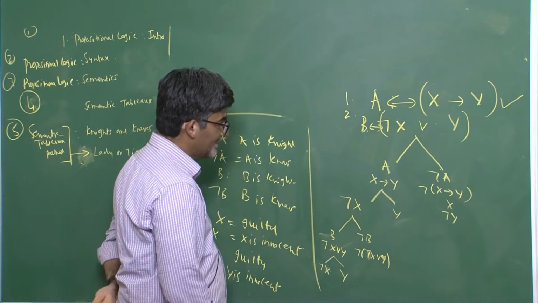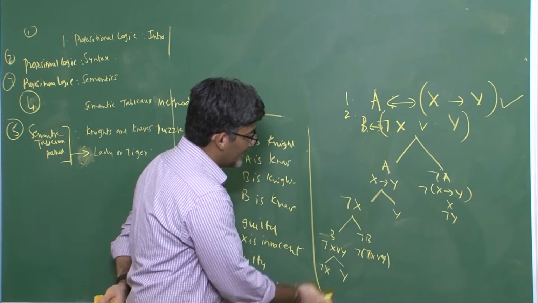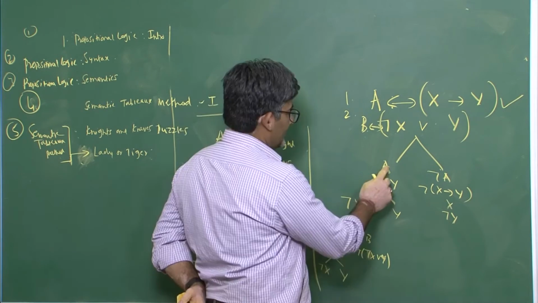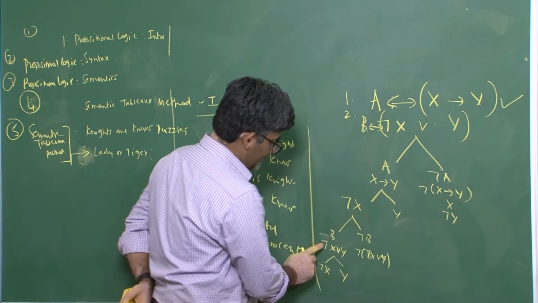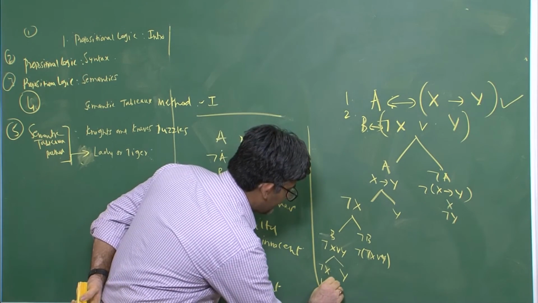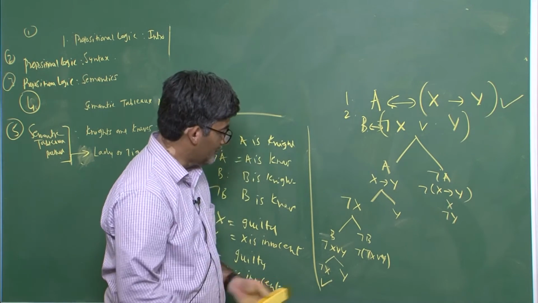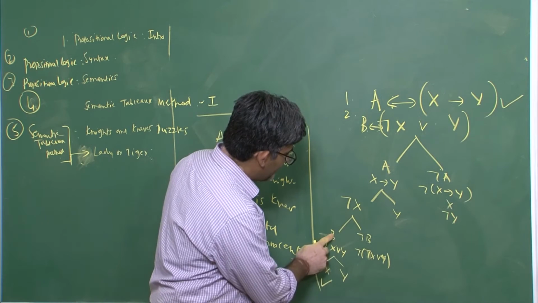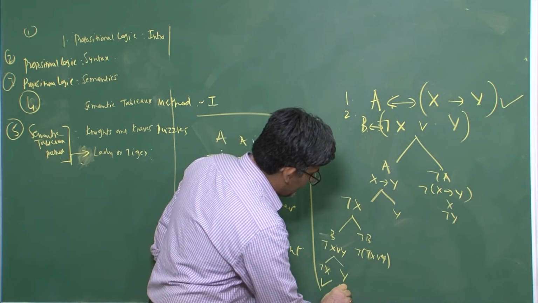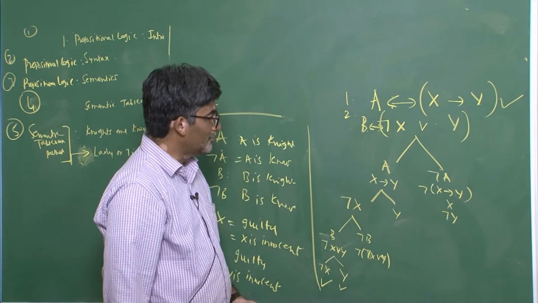Now we need to see whether a literal and its negation occur in any one of these branches. So A, X implies Y, not X, B, not X appears to be an open branch. In the same way, B, not X, A is not closing; this itself is an open branch.